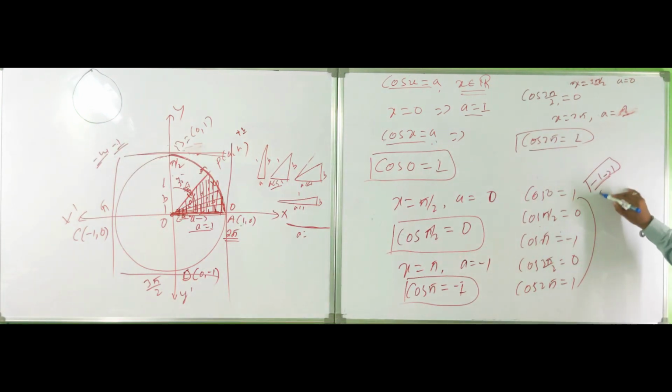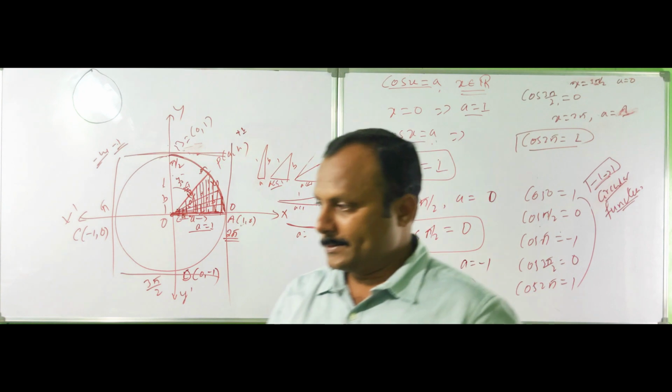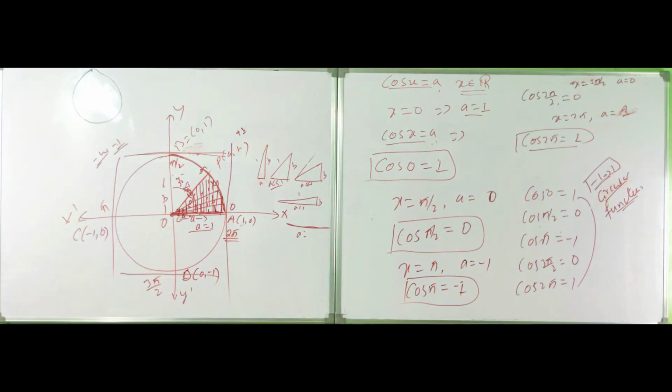Therefore, this is called a circular function. That's why it appears between fixed real numbers. It's called a circular or circular periodic function. The value of cos is also from minus 1 to plus 1.